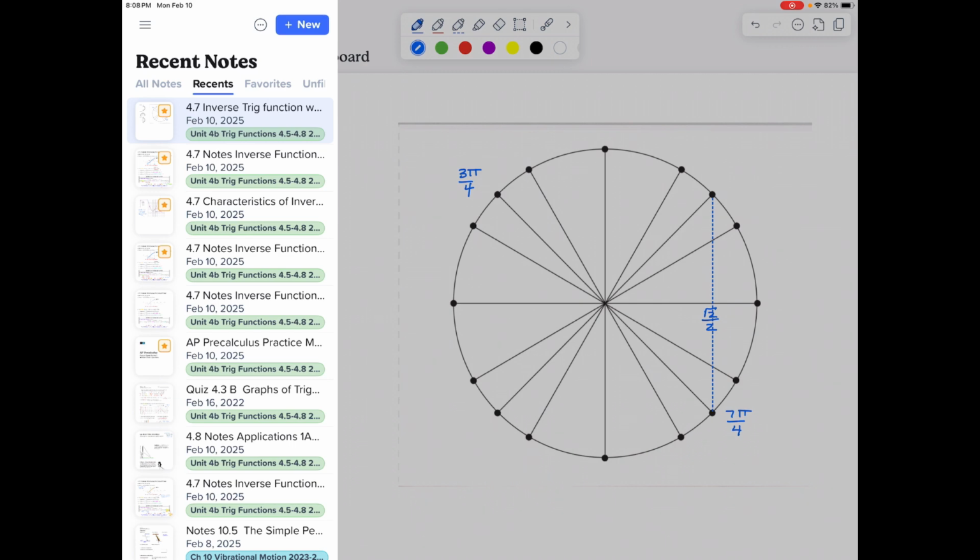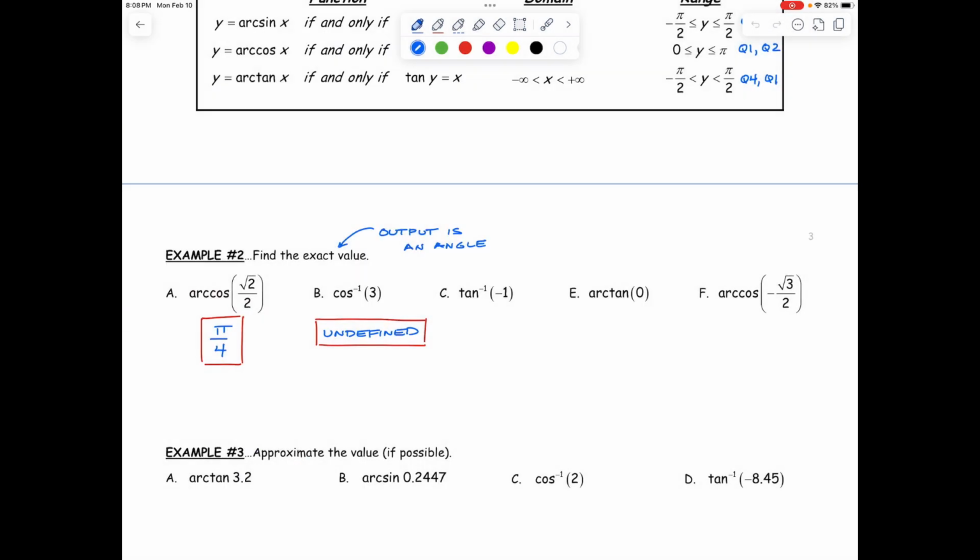So at first glance, we would say 7 pi over 4, but we're going to rewrite it as negative pi over 4. And again, you don't need to show the process for that. You just need to give the final result that is within those domain restrictions.